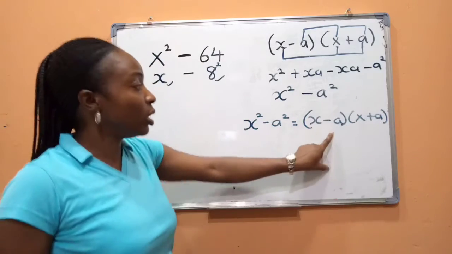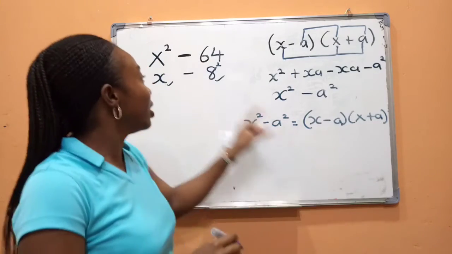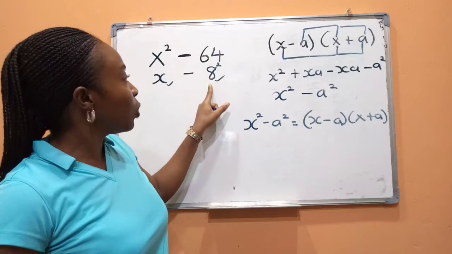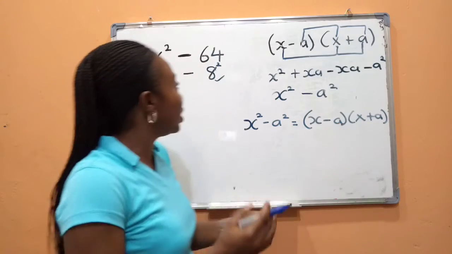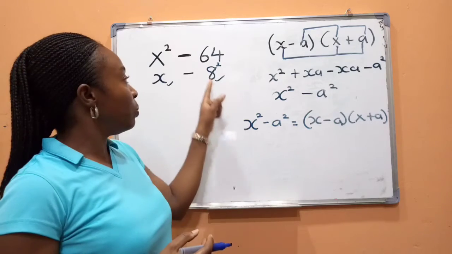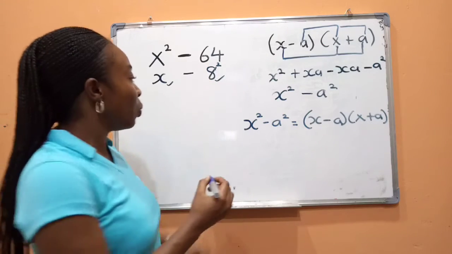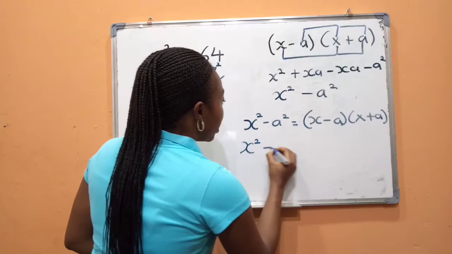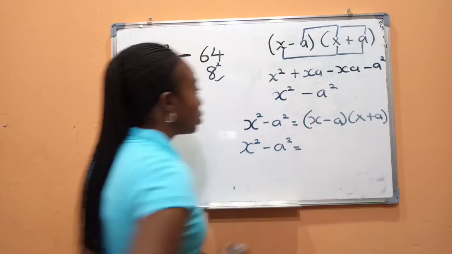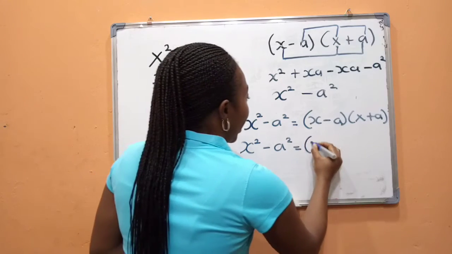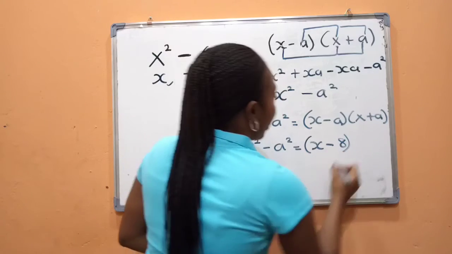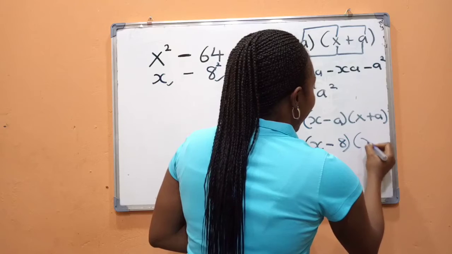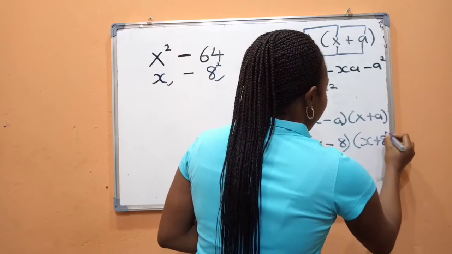Now that we've gotten this, we are going to use the same pattern in solving this. All we need to do is find the value of a. In this case, our value of a will be 8. So we have x squared minus 8 squared is equal to x minus 8 and x plus 8.